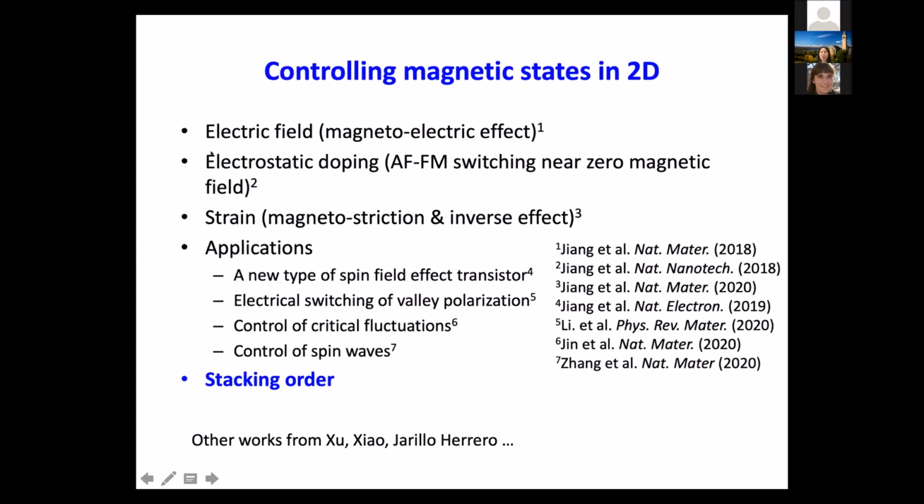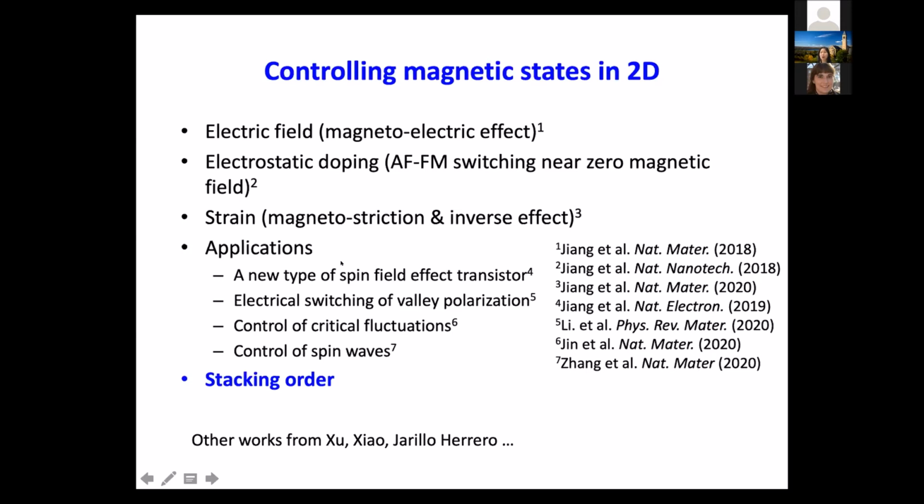So we can apply electric field to switch the interlayer magnetic ordering, or we can use electrostatic means to dope it, to change it, apply strain. And then there are some new application ideas, based on those controllability.